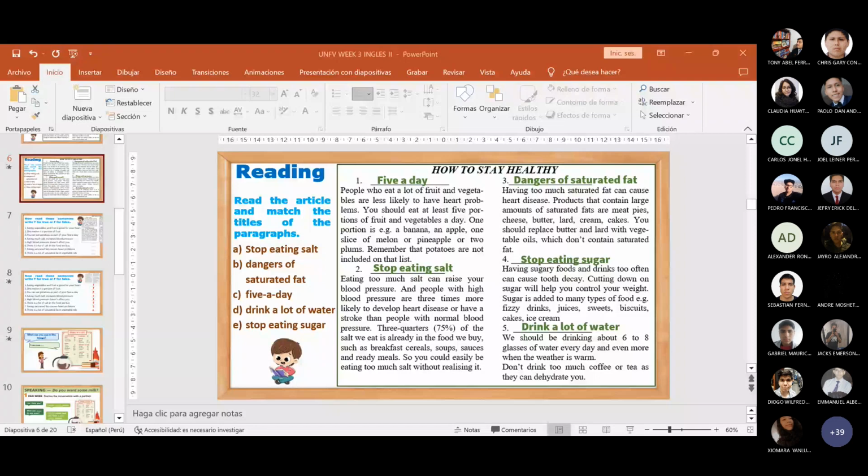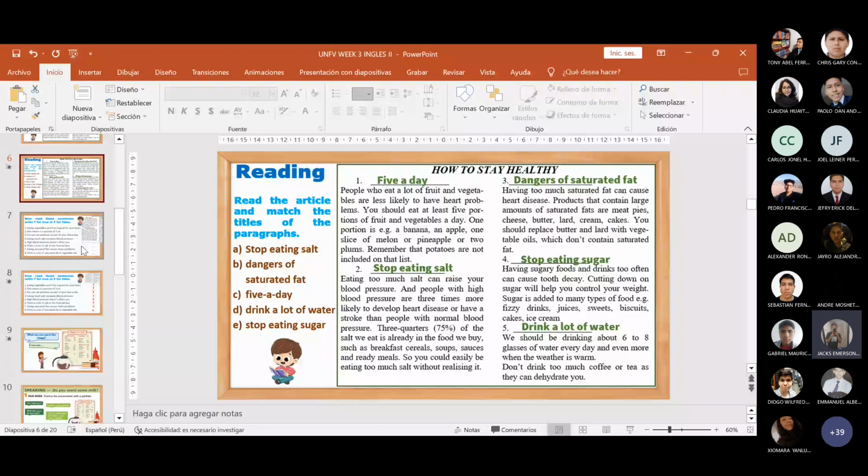What about number 2? One melon is a portion of fruit. Sorry, teacher, I can't hear you. Can you repeat the question? Yes, it's possible.